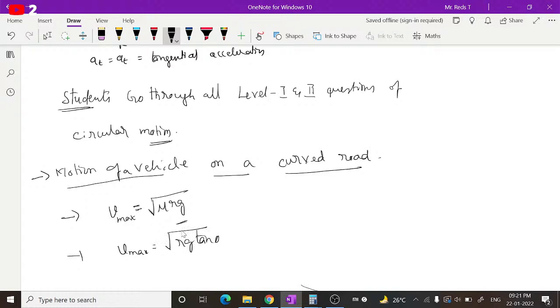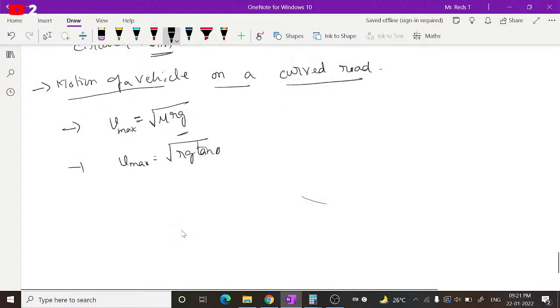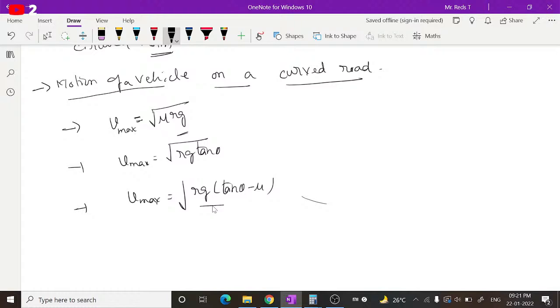If it is having friction and banking both together, then V maximum will be equal to square root of R g into (tan theta minus mu) by (1 plus mu tan theta), root for the entire thing. So these relations we want to make use of.